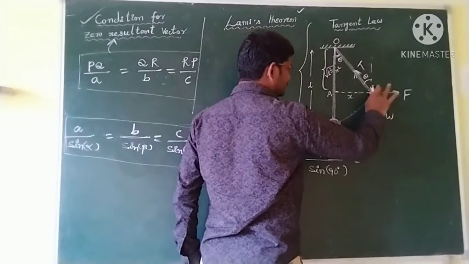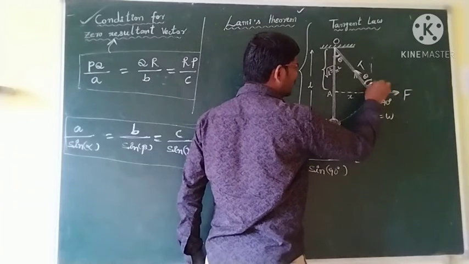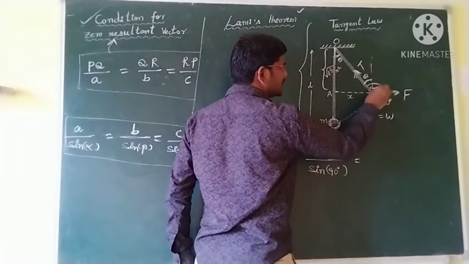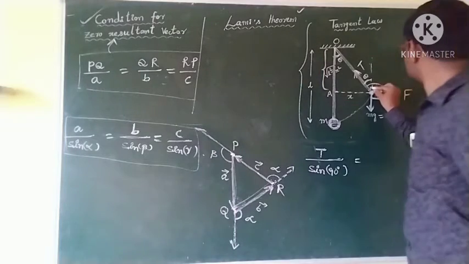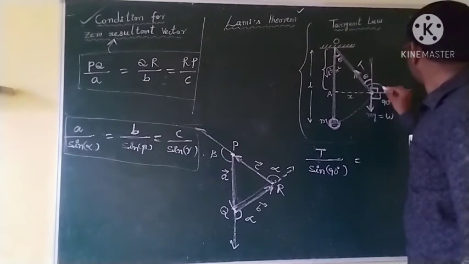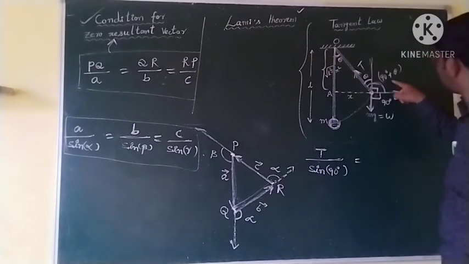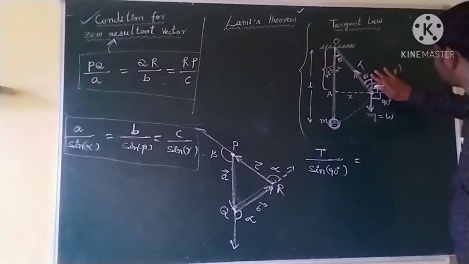So this is 90, this is theta, so this complete angle will become 90 degrees plus theta. So 90 plus theta is this angle.